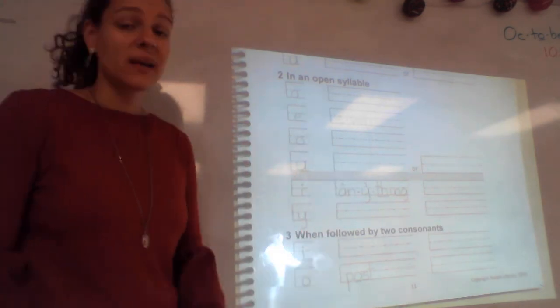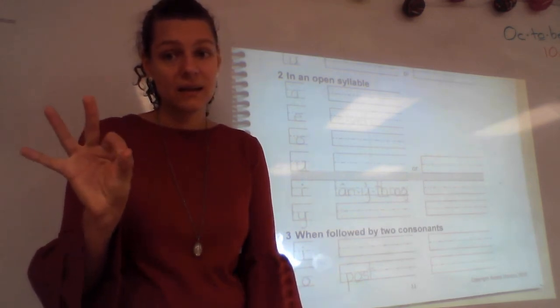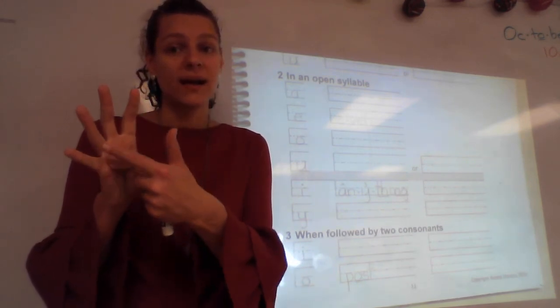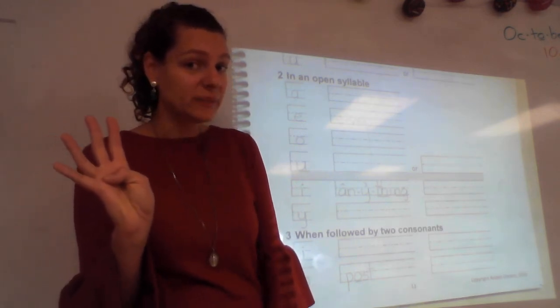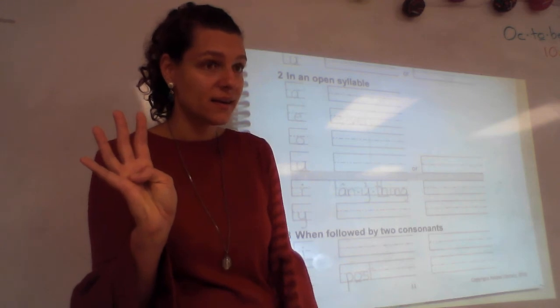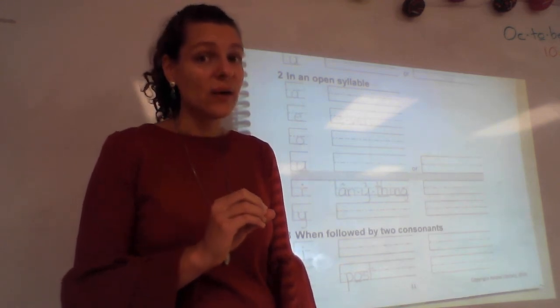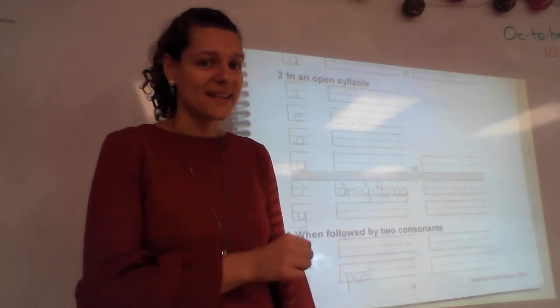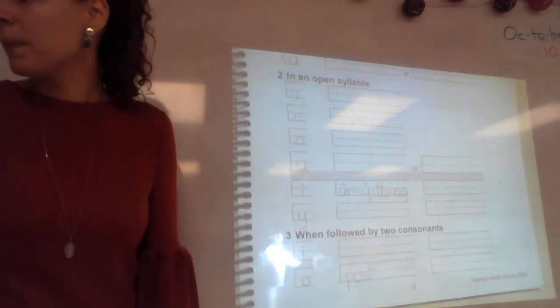All right, what are we going to write to spell hind, class? Good, I-N-D. And what makes our I say I? Good, I and O may say I and O when followed by 2 consonants. Go ahead and write hind. Say the sounds while you write them.